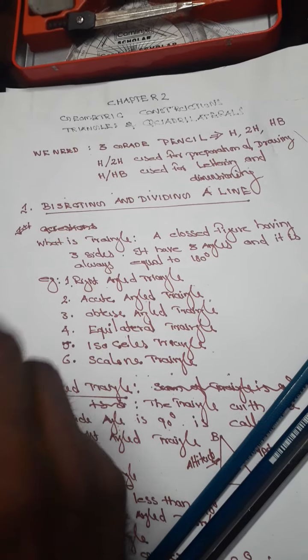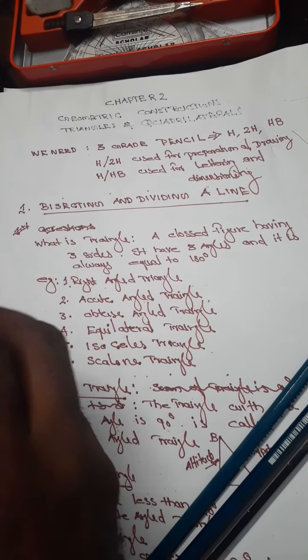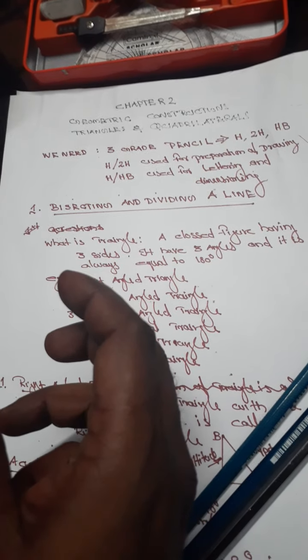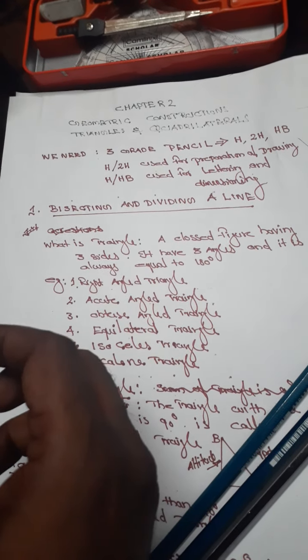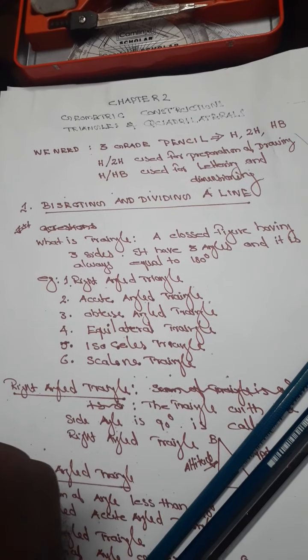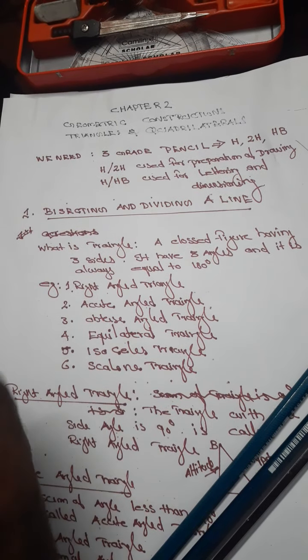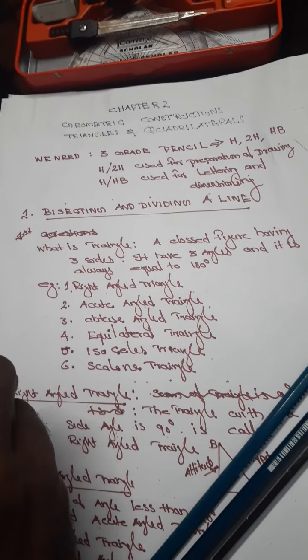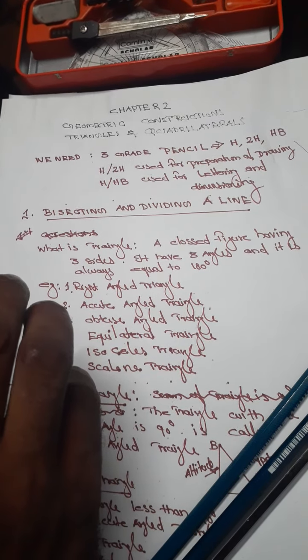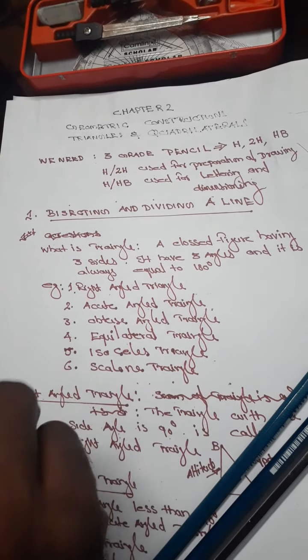In earlier classes, we have studied triangles. Triangle means a 3-sided closed figure, with 3 sides and 3 angles.